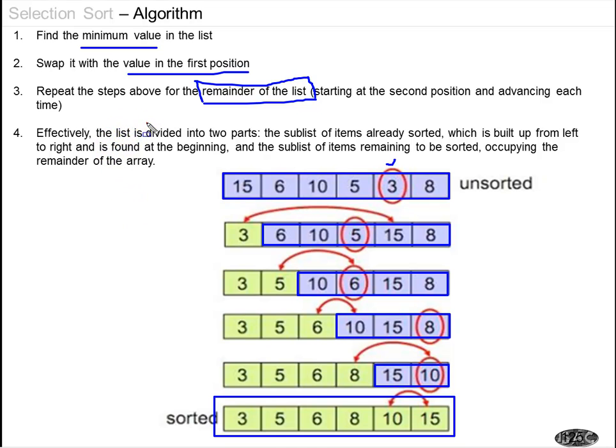Effectively, the list is divided into two parts: the sub list of items already sorted and the sub list of items remaining to be sorted. So from the remaining to be sorted, you put one into the sub list of items already sorted. In the beginning, we assume that there is nothing sorted, so we replace one and go from there.